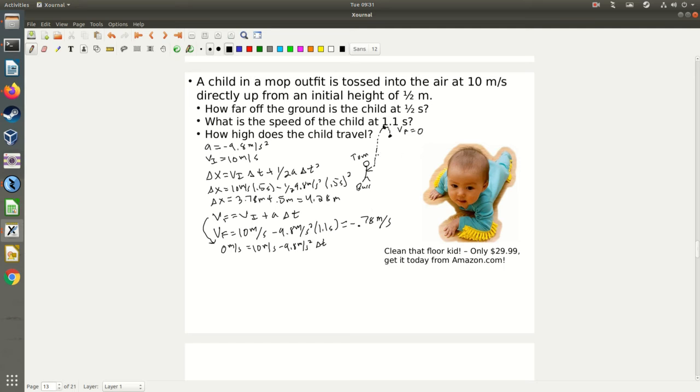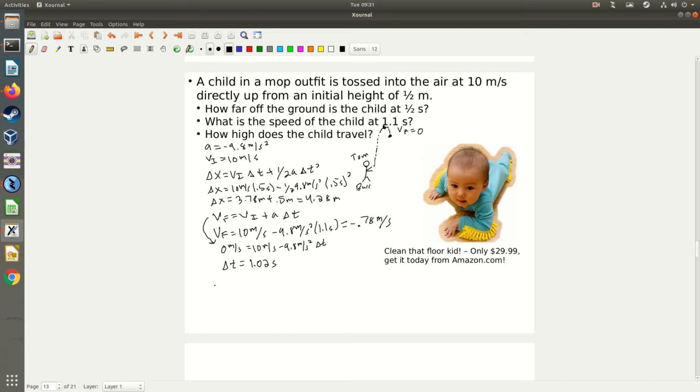Because first I need to figure out how long it takes to get to the top, then I need to use an equation to figure it out. There are other ways of doing this. This is just the way I chose. That gives me 1.02 seconds. So it should take 1.02 seconds for the child to reach the apex of the motion.